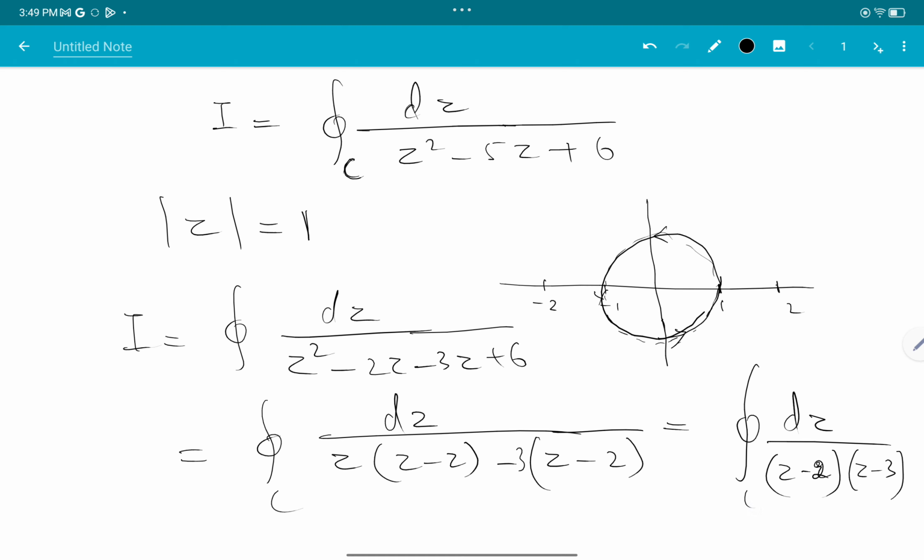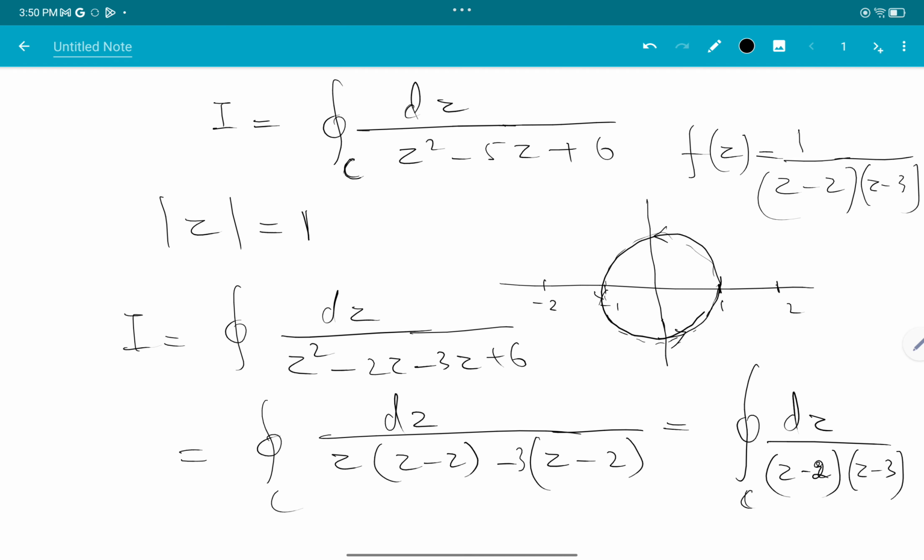I have converted it to this form because I want to show you something. Look at this function. Our function f(z) is 1 by z minus 2 into z minus 3.